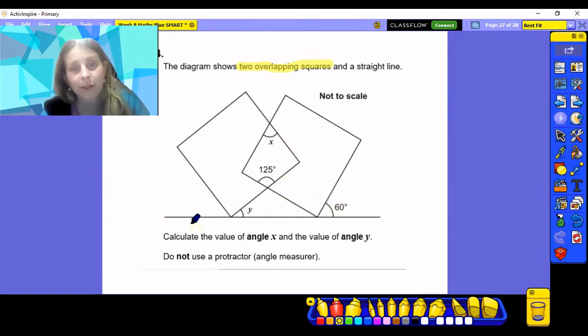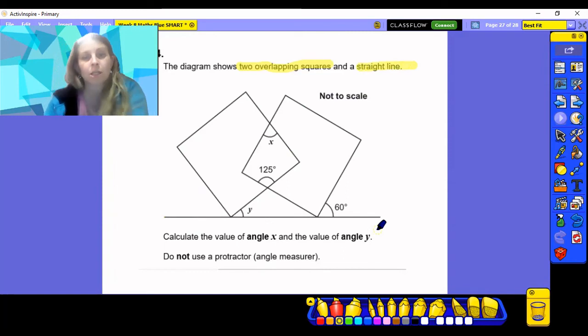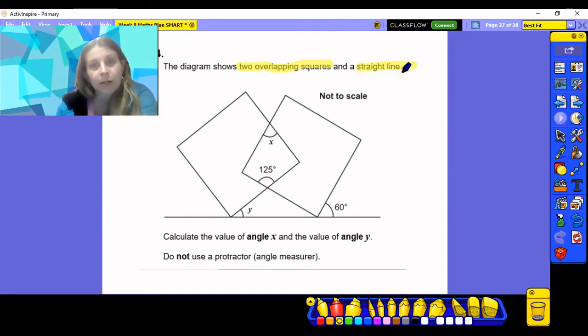It doesn't actually mention the fact that there's a triangle in there, but there's a straight line along the bottom. We know something about straight lines, we know something about squares, we know something about the triangle and the quadrilateral that are on this diagram. And we now have some information already given to us about the size of some of the angles on this diagram. So that's quite a useful starting point.